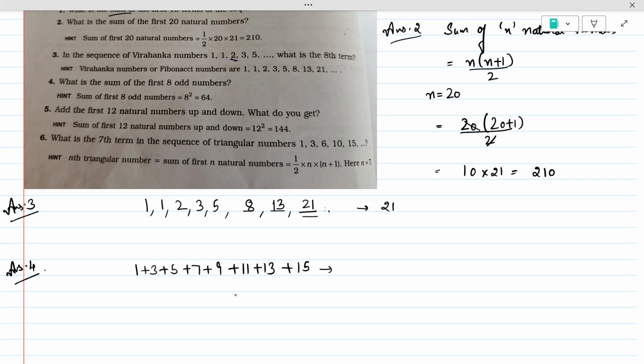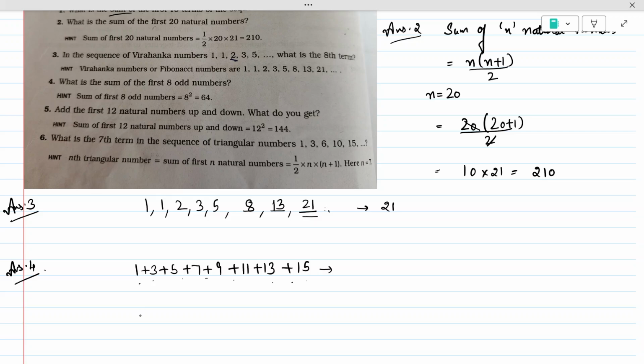But since in this chapter we have learned that if we add up the odd numbers, we will get the squares, right? And we know that it has 8 odd numbers, so this will be a square of 8.